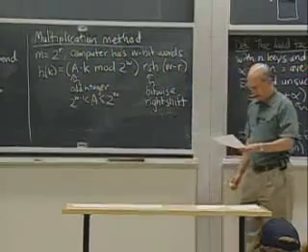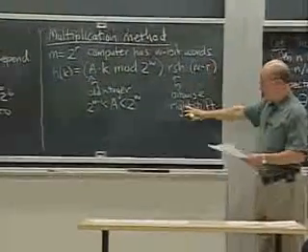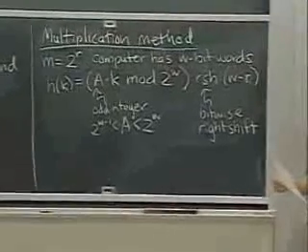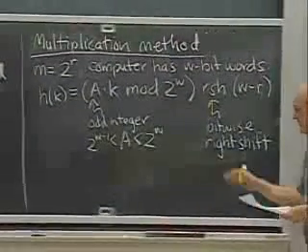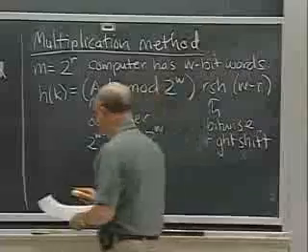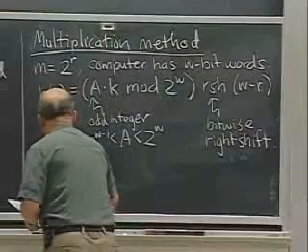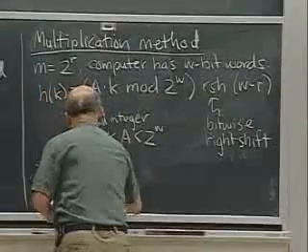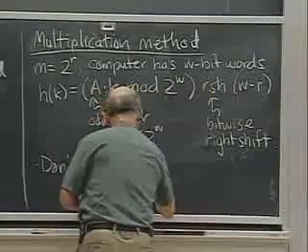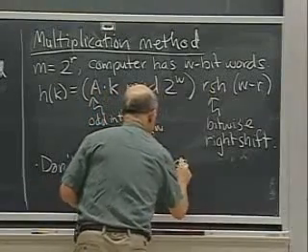Okay? So let's look at what this does, but first let me just give you a couple of tips on how you pick, or rather what you don't pick, for a. So you don't pick a too close to a power of 2.